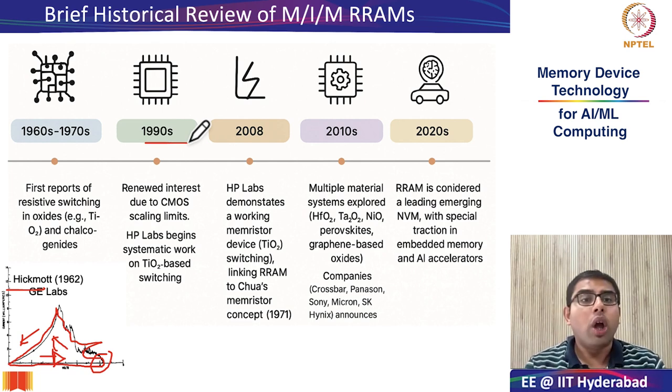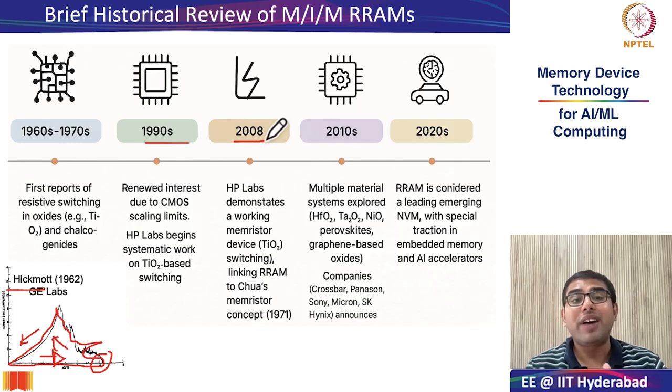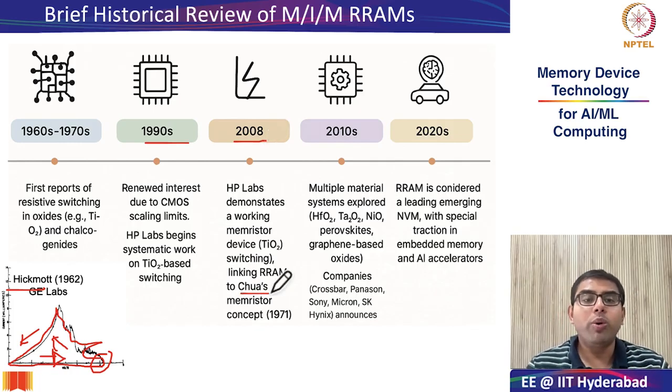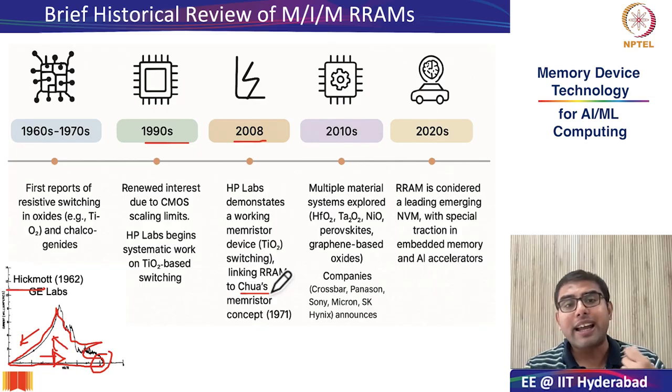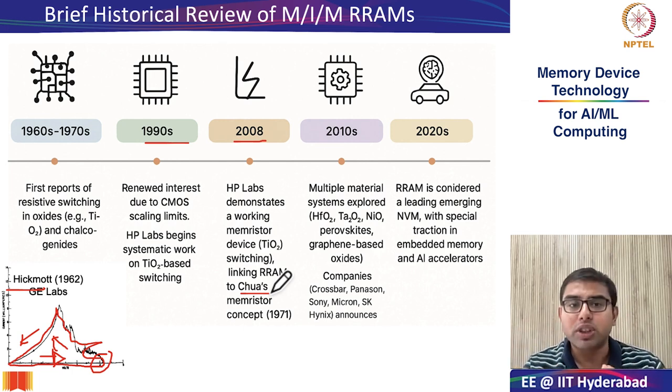HP Labs were the first to demonstrate resistive RAM devices more systematically and correlate them to Leon Chua's memristor concept, proposed in 1971. That was a great breakthrough because for the first time they were able to show not just resistive switching from high resistance to low resistance but back and forth several times, and they had a consistent theory to explain it.